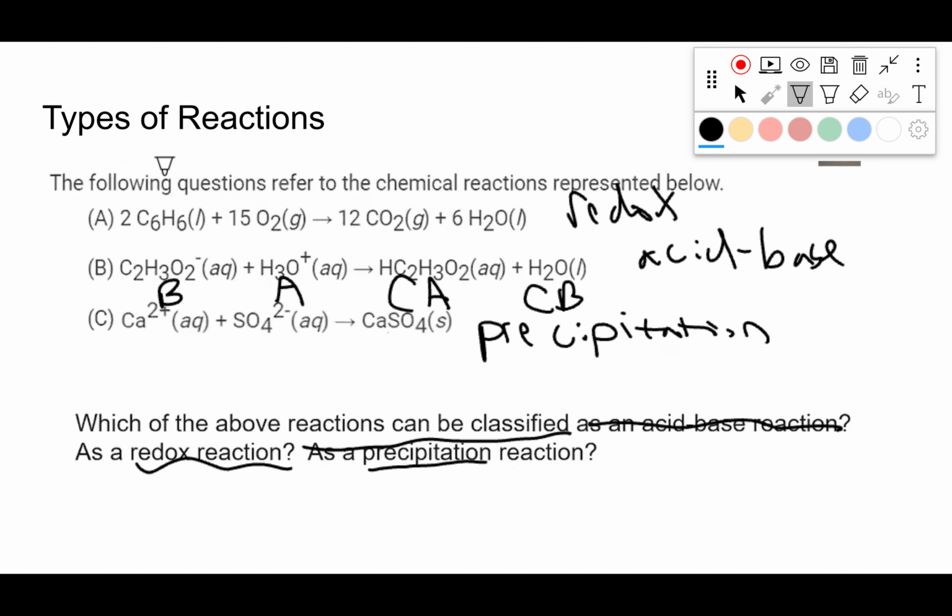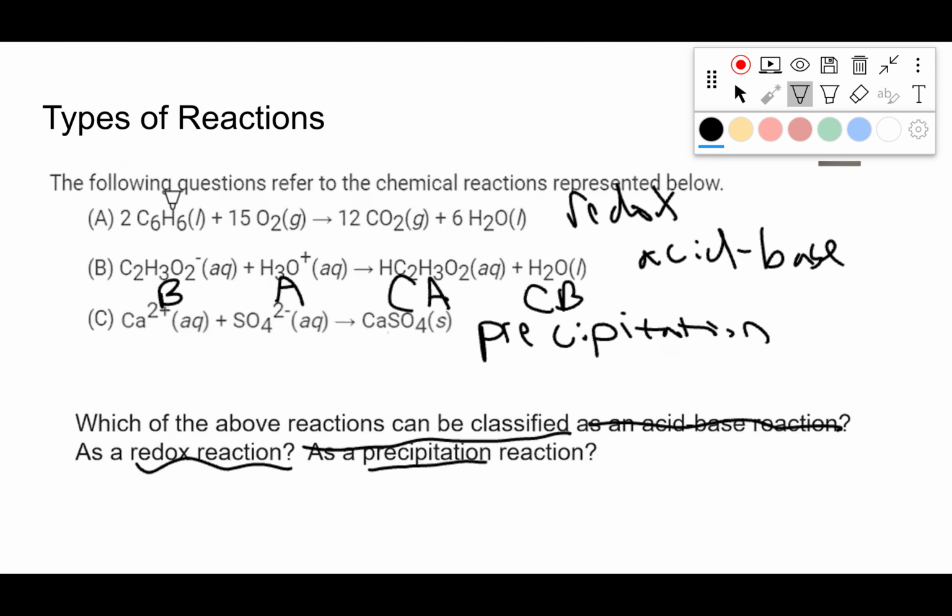So now let's go through and identify and put on our charges for each of these things. When you do redox reactions, it is sometimes a little tricky because you're assigning these charges, but they're not always going to be in the order that you expect them to be. So in this one, we have carbon and hydrogen.